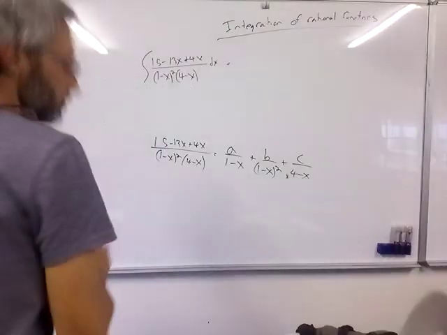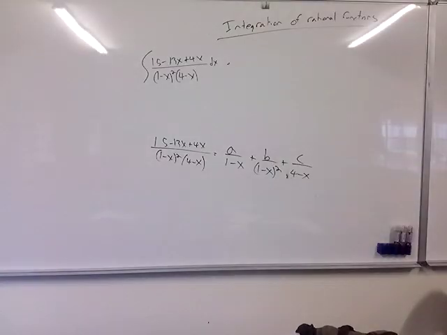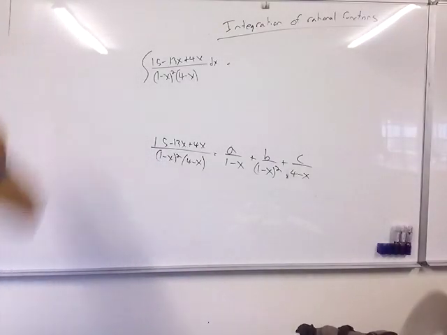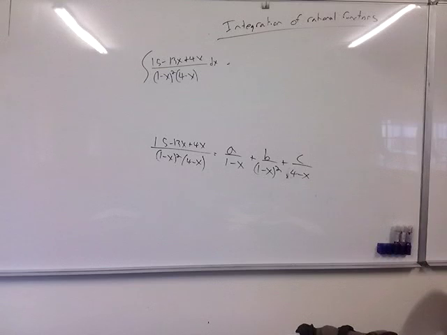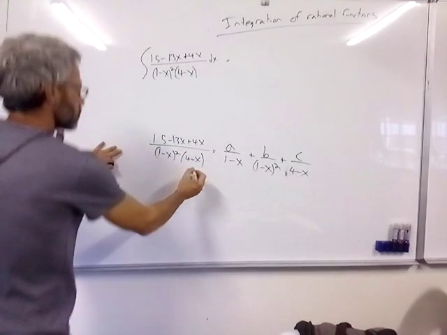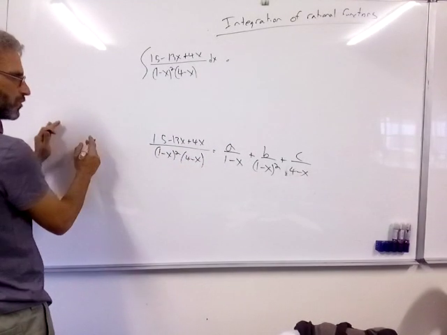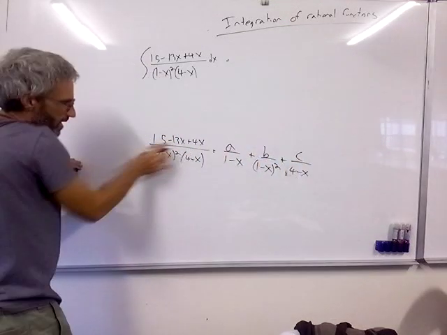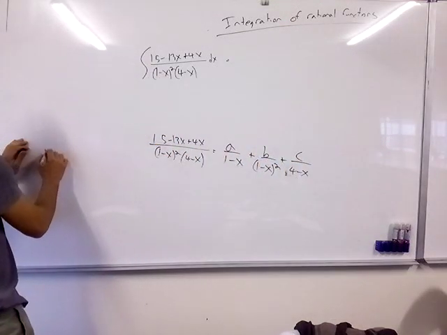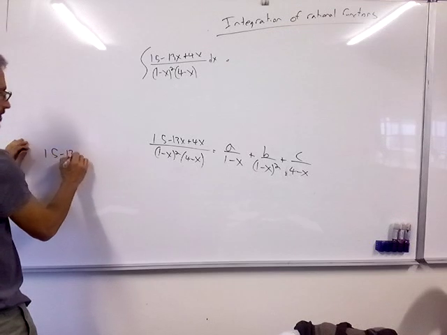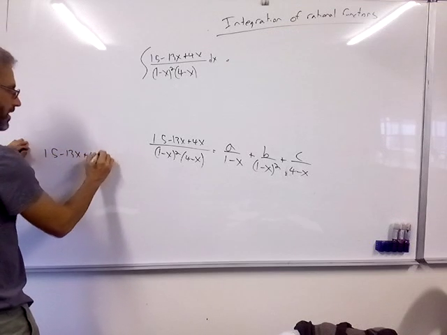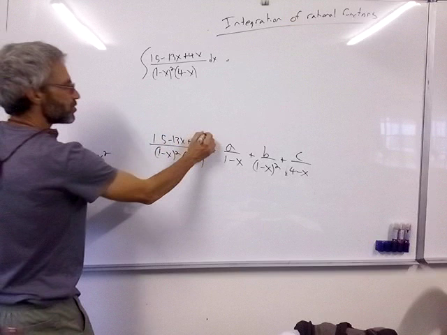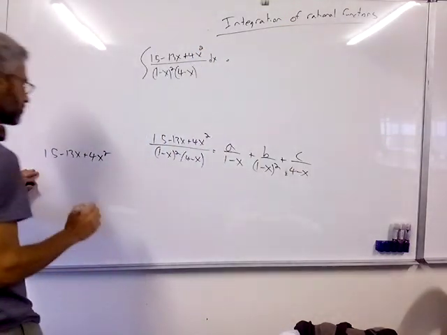Okay, so now I just want to see where I can write down exactly here. Yeah, cool. So I'm going to start solving that. If I multiply by this whole thing here, what I'm going to get is 15 minus 13x plus 4x squared. By the way, sorry, that should have been x squared. I'm checking the textbook here, it's 4x squared.